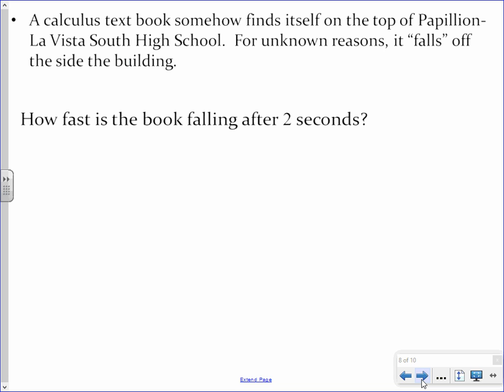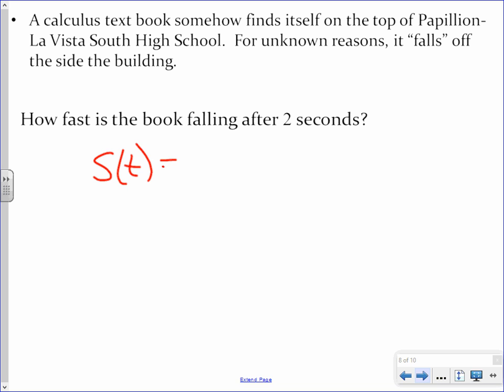Okay, so Cole is struggling with the fact that I didn't tell you how high the building was. Does it matter? It actually doesn't matter to answer this question. We can just say that our building is height 0. And so we can set up our position equation.